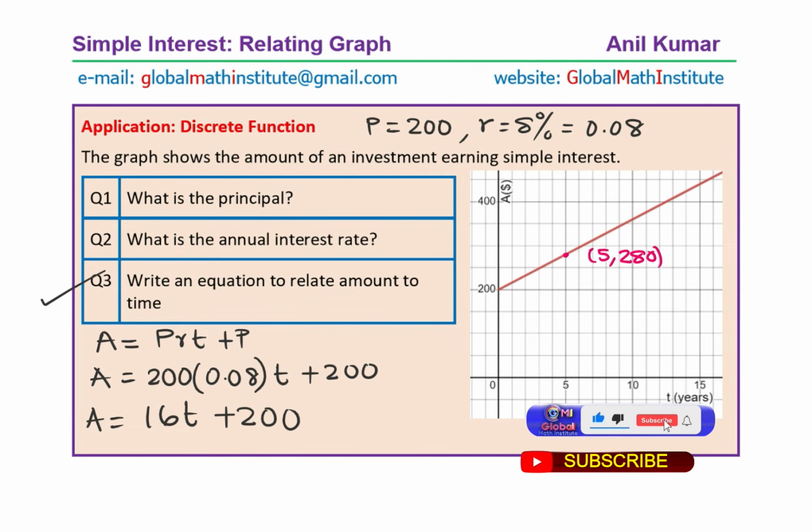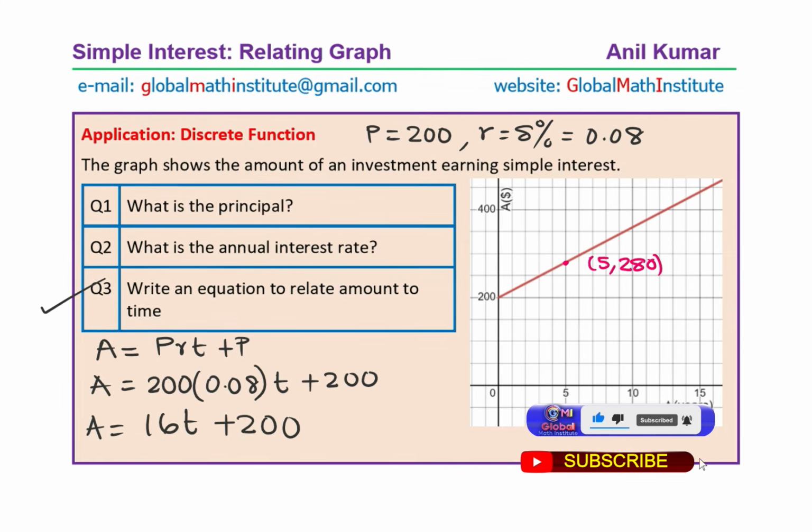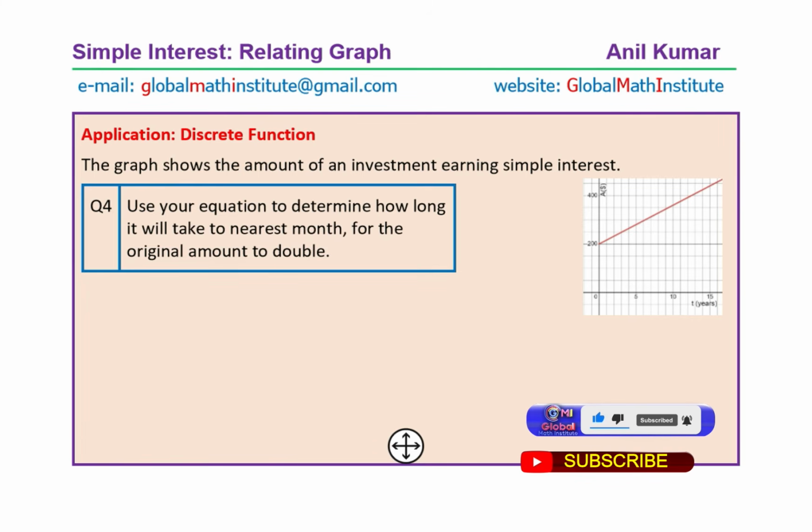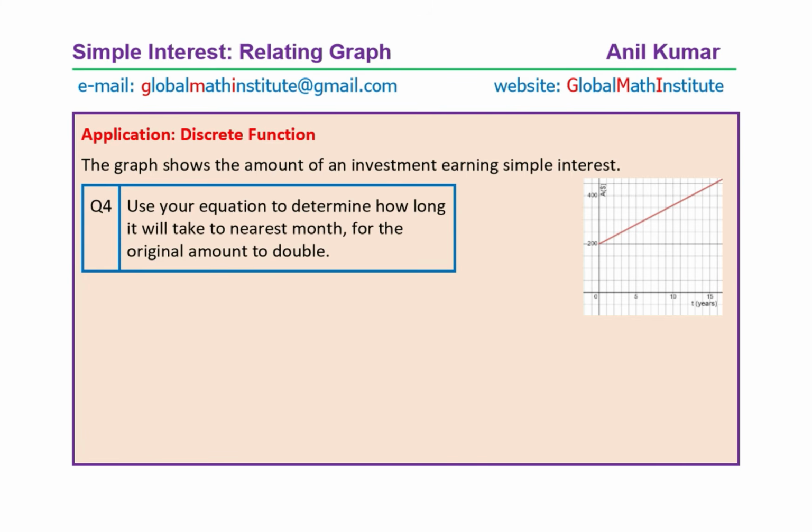Now let's do the last part of this question, which is use your equation to determine how long it will take, to the nearest month, for the original amount to be doubled. We got the equation as A equals 16T plus 200.